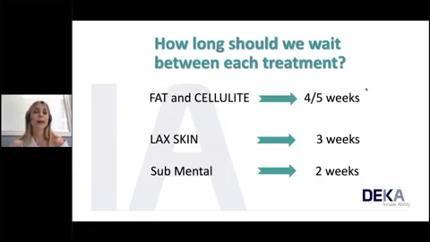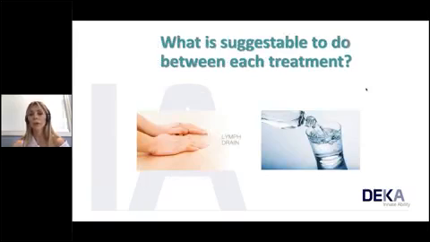In case instead of skin laxity, in which we normally use the shallow NPs and lower parameters, the treatment can be rescheduled after 3 weeks. For the treatment of the submental area, the treatment will be performed after 2 weeks. In order to help our lymphatic system work better, we can suggest to our patient to perform lymphodrainage massage and to drink water.